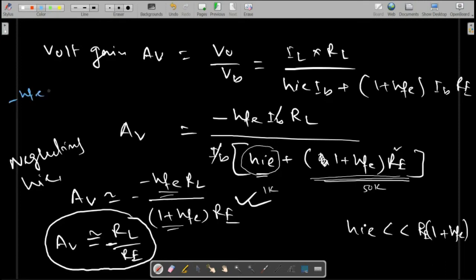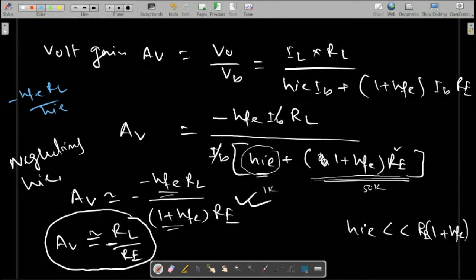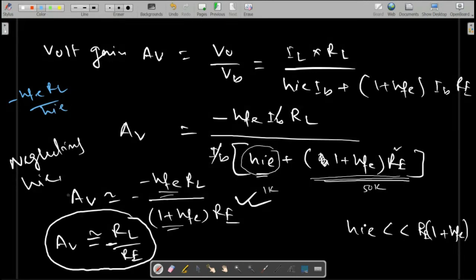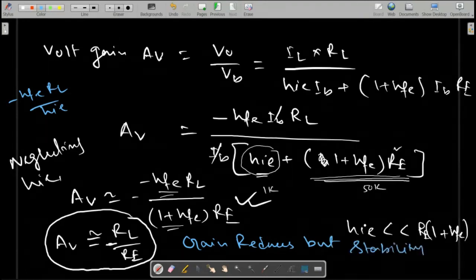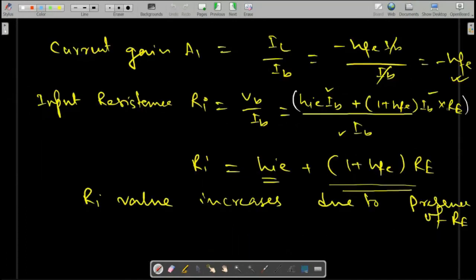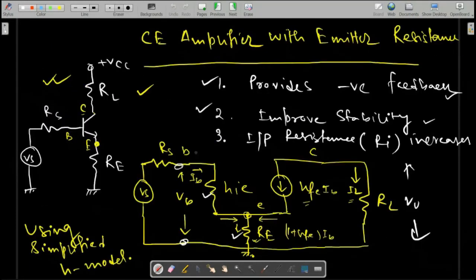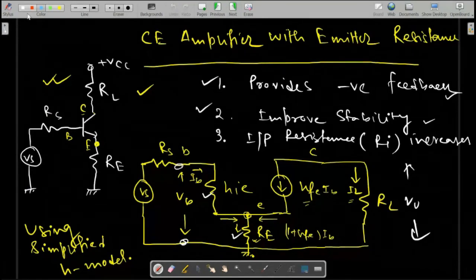But here it is just RL by RE. So gain reduces, no doubt, but stability increases.